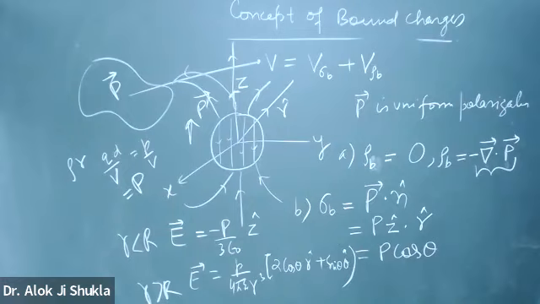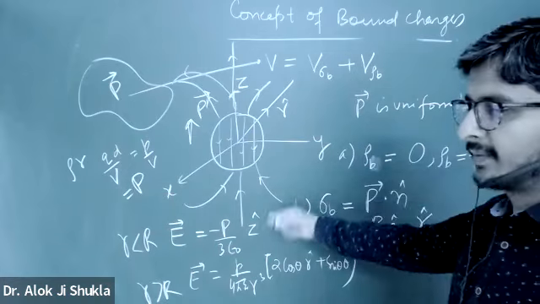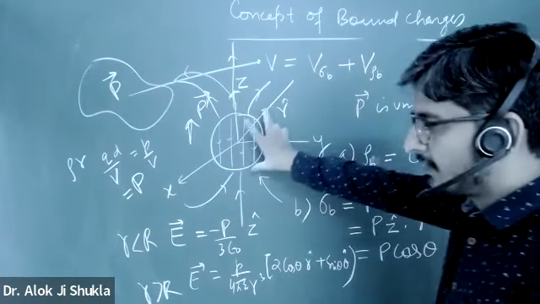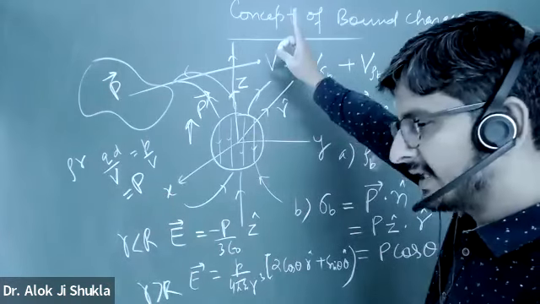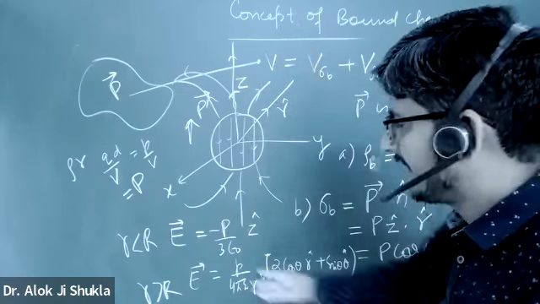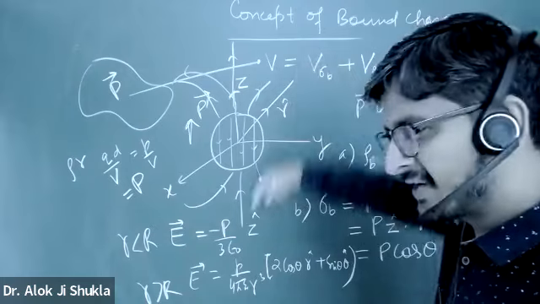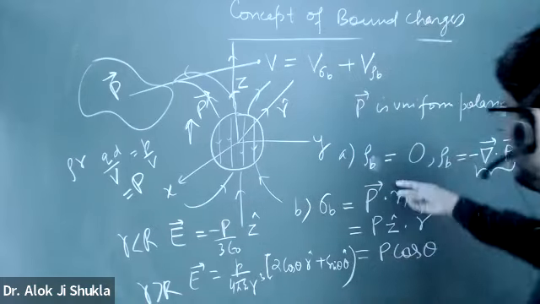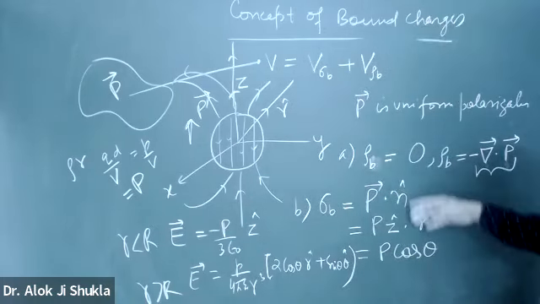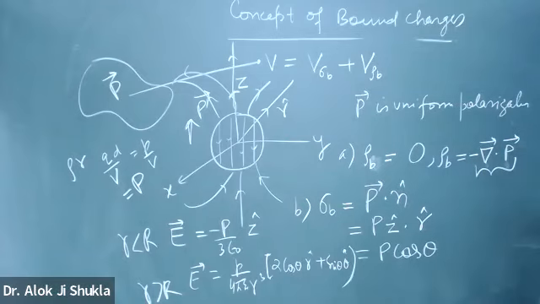Yes. So this is so beautiful problem in which a uniform sphere having polarization in the z cap direction, and you have written directly the electric field by your intuition. The direction I told you, the profile I told you, rho bound, sigma bound. Otherwise, you can derive it also. Okay.